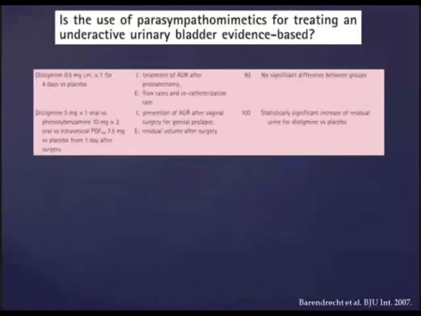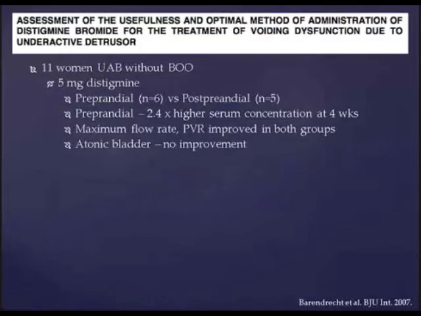So this is distigmine, same study. You can look over to the right, there's no significant difference. And even this one showed a statistically significant increase in residual urine with distigmine, if you can believe that. However, there are some studies that do show some positive effects with distigmine.